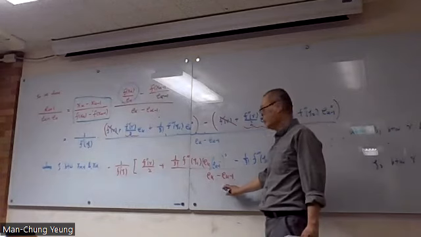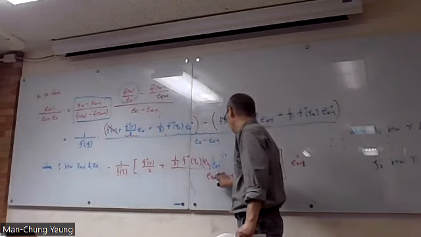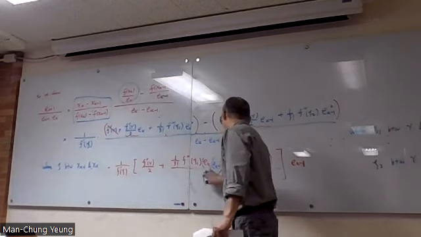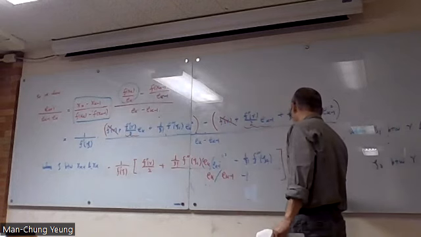From the bottom, take e_{k-1} out. Okay, so then this becomes e_k over e_{k-1} minus 1.